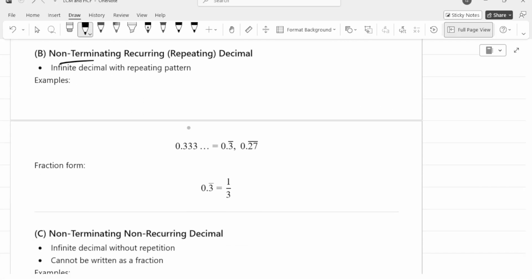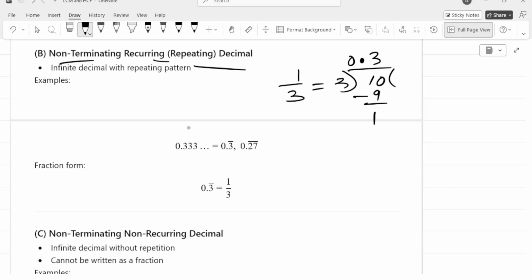So what is a non-terminating and recurring, or repeating, decimal? For example, 1 upon 3, we divide. We take the point and 0, 3 threes are 9, then subtract, 1 comes, then again we take 0, 3 times 3 is 9, then subtract, and again we get remainder 1, which continuously comes.